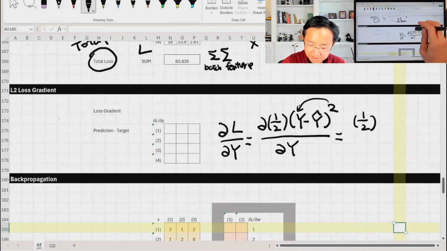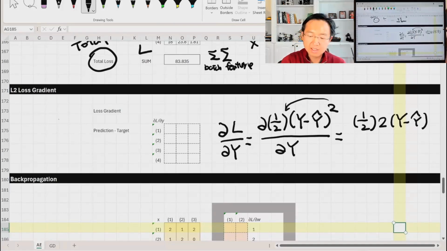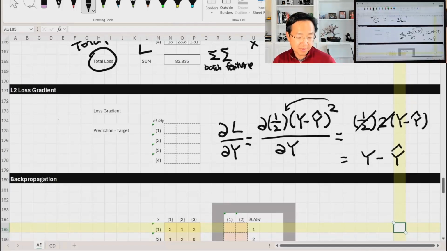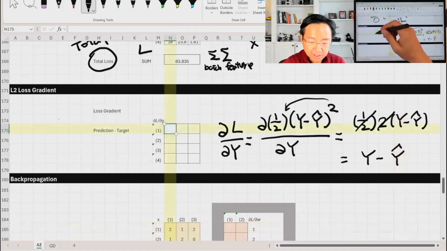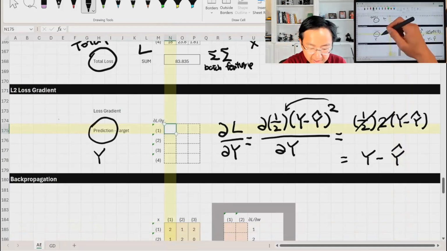So the 2 will just move out over here, and then it becomes y minus y. And then there's going to be another 1, but this is going to cancel out. Eventually, it becomes very simple. Wow, this is where the magic comes in. It turns out the gradient for the final output of your network, if you use L2 loss, is simply going to be your prediction, which is y, minus your target y.